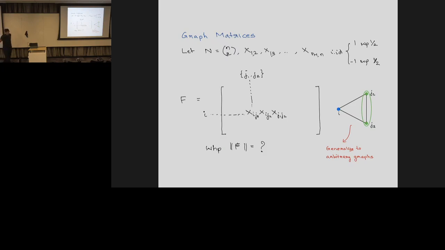I can define this matrix for this graph, generalized to arbitrary graphs. For sum of squares, you need to analyze these matrices for general graphs. There's a combinatorial interpretation of every entry of this matrix, and when you look at powers, it's about how these triangles fit together, how they intersect, and so on. That kind of combinatorics shows up. And the question you are interested in is what is the spectral norm of this?